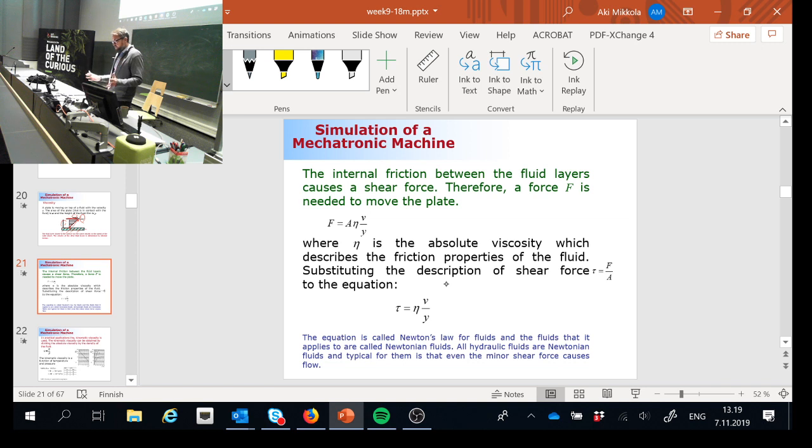Now, in order to understand the viscosity, we have to compute how much force is needed to make this happen. So here is my force that is imposed on the plate. This is the plate cross-section area, this is the velocity, and this is the thickness of the oil layer. Those are the parameters that I needed.